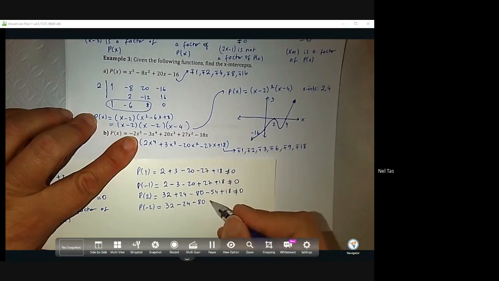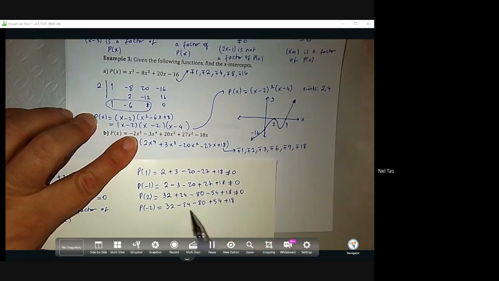Negative 2 times negative 27 is 54, plus 80. The negative numbers give you negative 108, and if you collect the positives, it gives you positive 108. So this is giving you a 0.